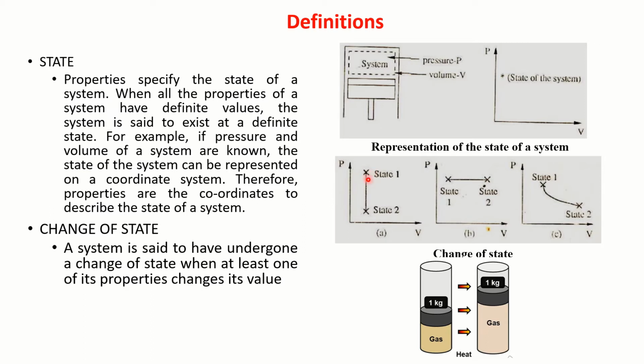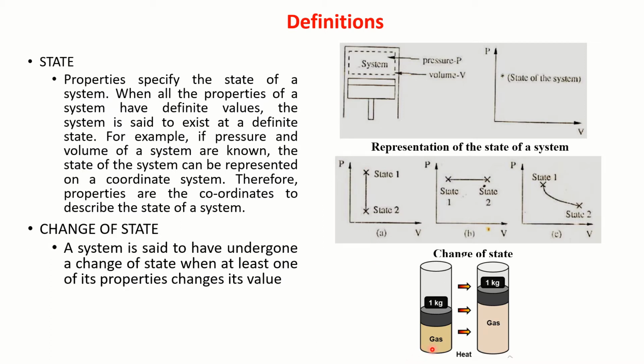Now, what I'm going to do is, let us say somehow I change its pressure, keeping the volume constant. Maybe I let out some gas from here and reduce its pressure. So now with that, I know the new pressure value and the new volume value, I mark this point. So earlier it was in state 1, now it is in state 2. This is what I call the system has undergone a change of state.